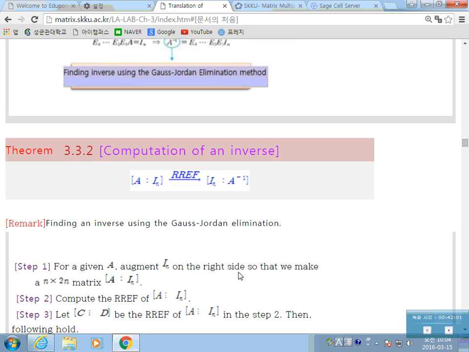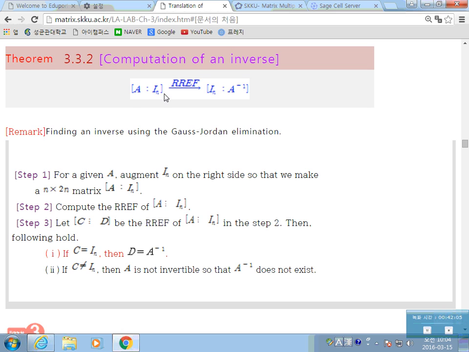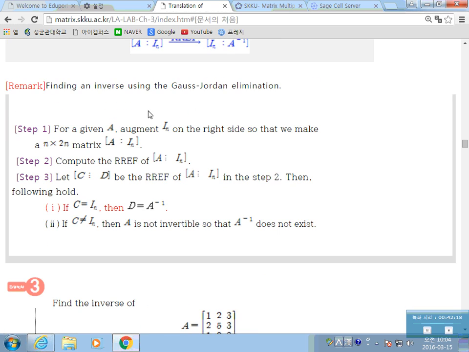So when you have an invertible matrix, form an n by 2n matrix like this and do the Gaussian elimination. Find the RREF of this matrix. Then what you have on the right is the inverse matrix. This is the algorithm.